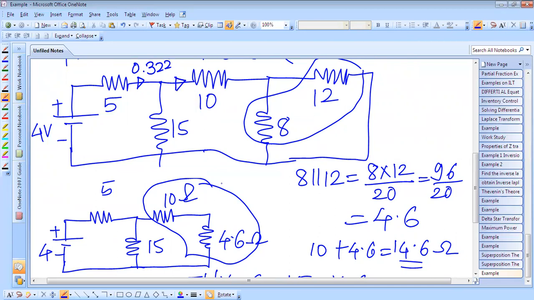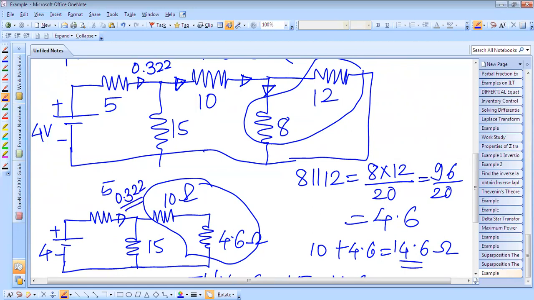This current can be found by using the current division method. And once you get this current, again we will find the current flowing through this by using the current division method. So at this point we'll find how much current is flowing through this circuit, and up to this we have got 0.322 ampere current.